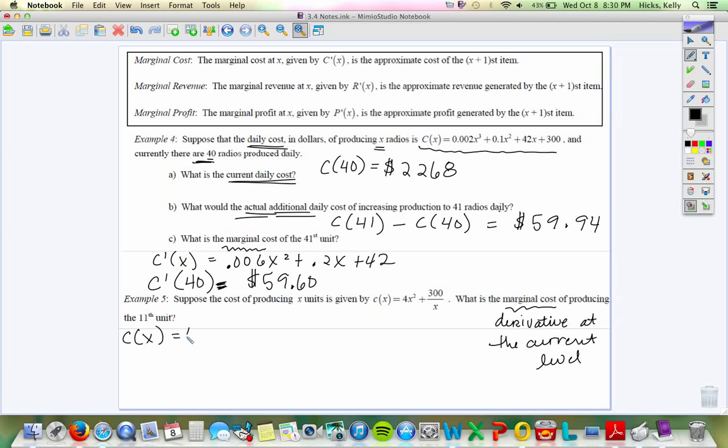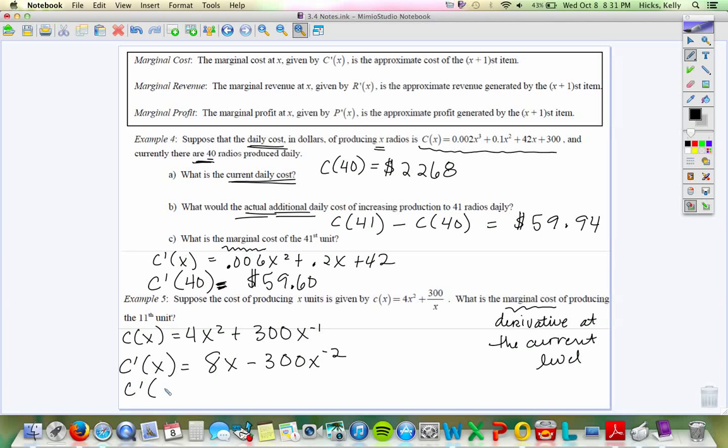All right, so let me rewrite the equation. C of x equals 4x squared plus 300x to the negative 1. I'm just bringing that x up there. Now let's take the derivative: C prime of x equals 8x minus 300x to the negative 2.